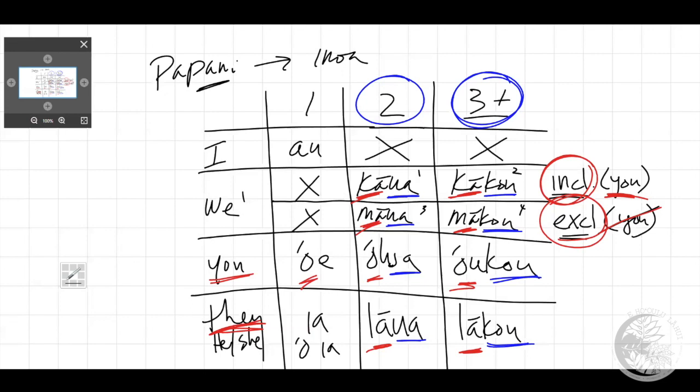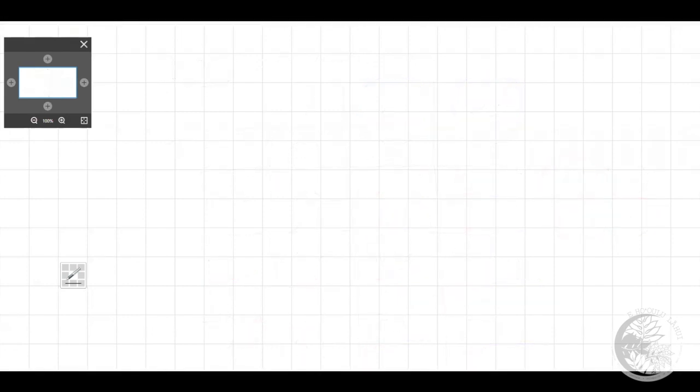However, what is consistent about papani is that they will be marked in particular ways and changes. The one you really have to pay attention to is the ao, in regards to its marking. Okay, so let's take a look at that.